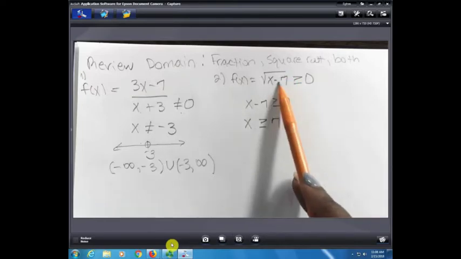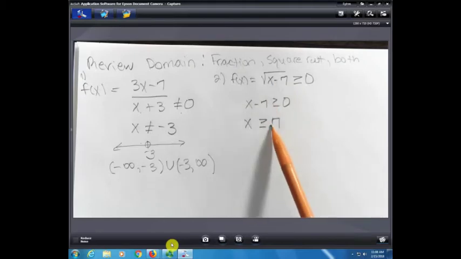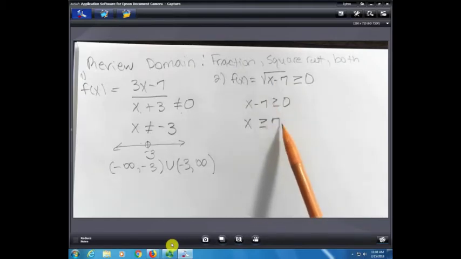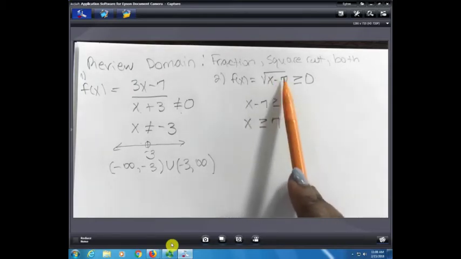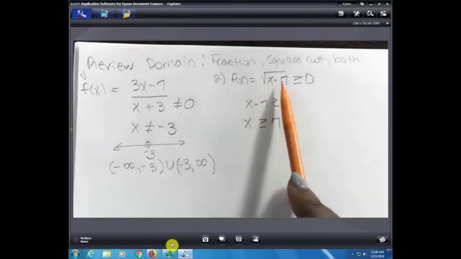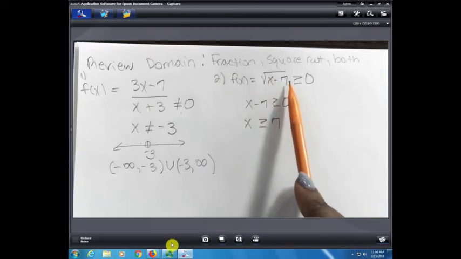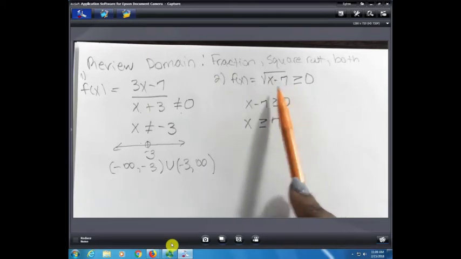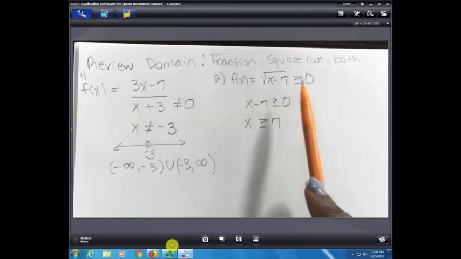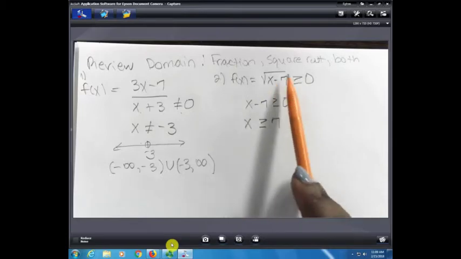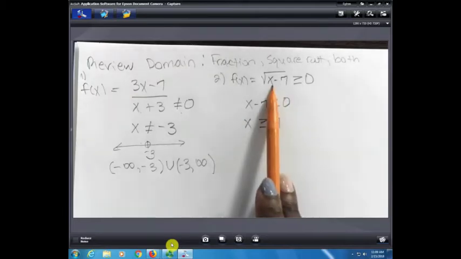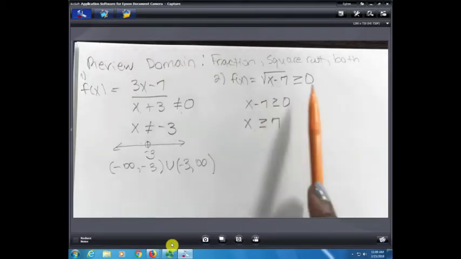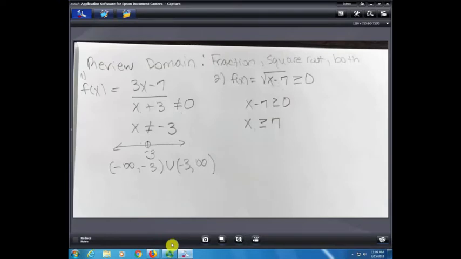I cannot have negative numbers. Let's say I had a number less than 7, like 6. If I plugged in 6 here, this would be 6 minus 7, which would give me a square root of negative 1, which is i. And we don't deal with imaginaries when we're talking about domain. We're only looking at real numbers. So I'm excluding anything that will make my square root negative, but in this case, I can actually be 0, because I can get the square root of 0 just fine.